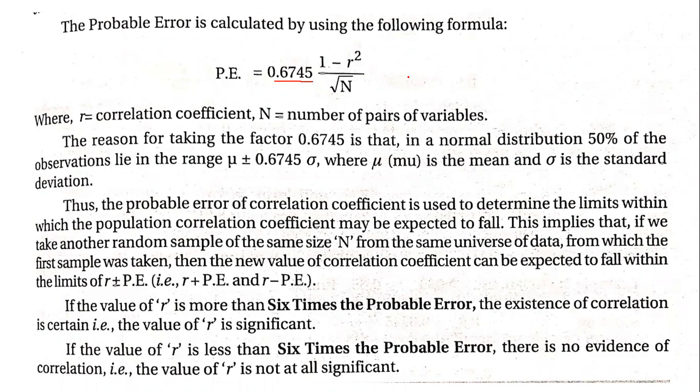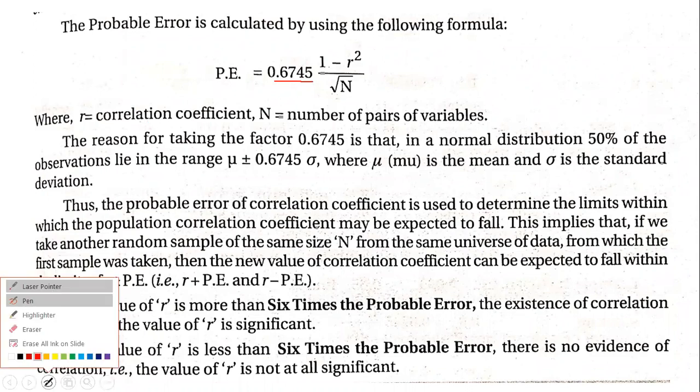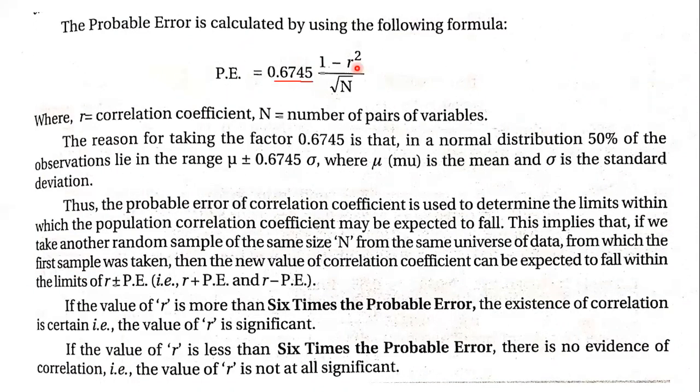So n is the number of pairs of variables, that is, both the variables x and y will be given to us, and r is the correlation coefficient. So we will have r and n given in the problem, and you will have to put them into this formula. This value of 0.6745 always remains the same. So this is your formula for probable error.